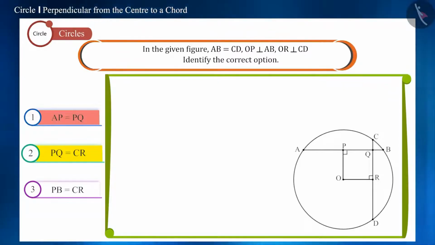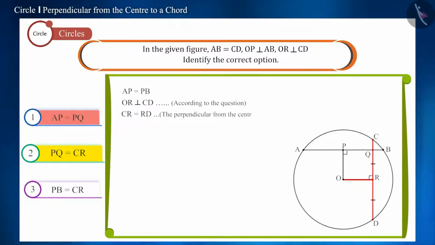From the first option, we know that AP and PB are equal, and we are given that OR is perpendicular to chord CD. So, CR will be equal to RD because the perpendicular drawn from the center of a circle to a chord bisects the chord. And we are also given that these two chords AB and CD are equal.